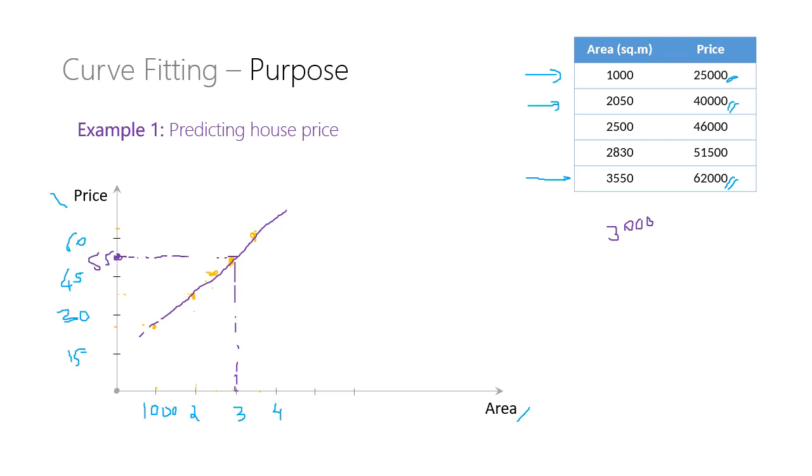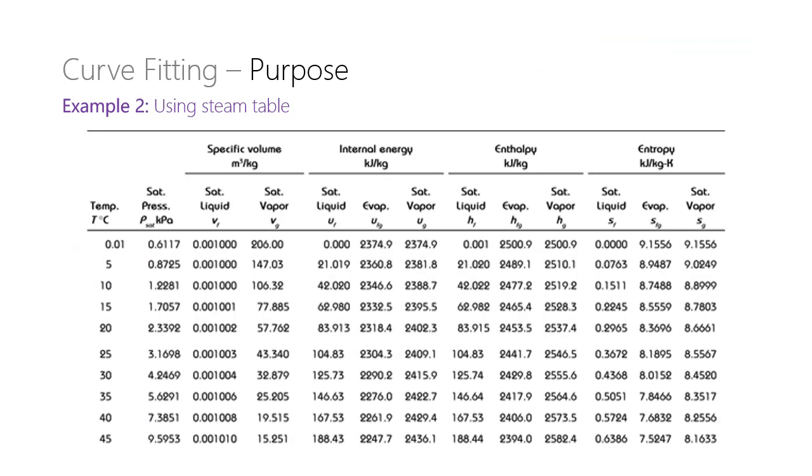Then second example. This is a steam table which you might have used in subject thermodynamics, and this gives the data. So you can see there are various columns. The first column is temperature, the second column is saturated pressure, then specific volume, and so on.